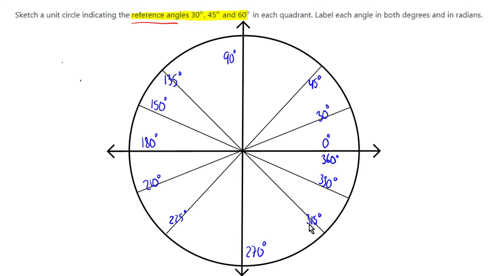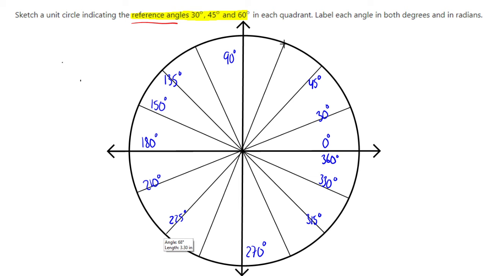And then finally we have the 60-degree reference angles, which are going to be, hold on, let me put in all of them at the same time. So here's in quadrant 2 and 4, and this is in quadrant 1 and 3. So this angle like that is going to be 60 degrees.